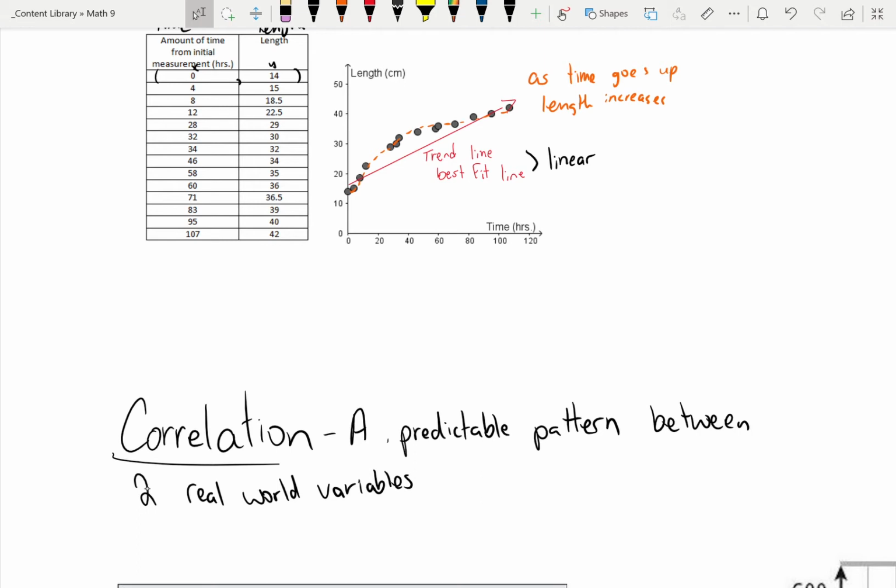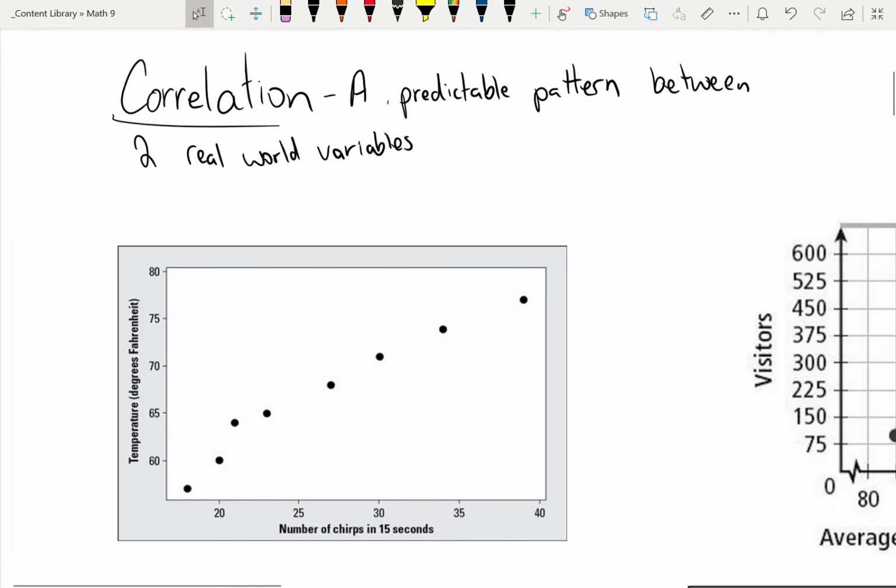In the previous one, our two variables were length and time. As time increases, so too does the length, and it does so in a predictable pattern. This means that there is some sort of relationship between these two variables.